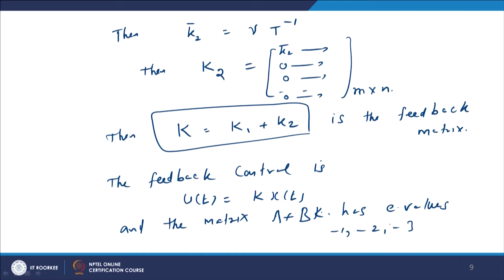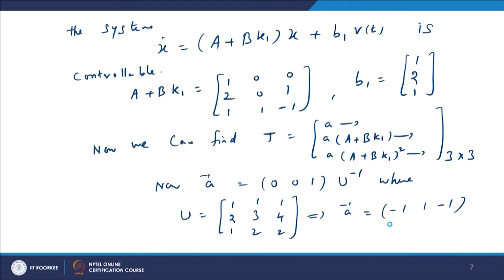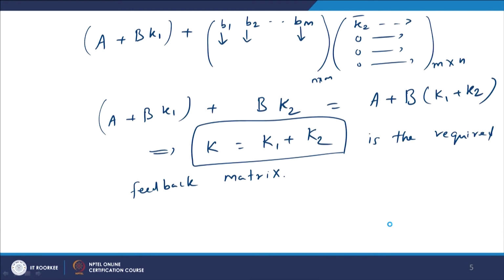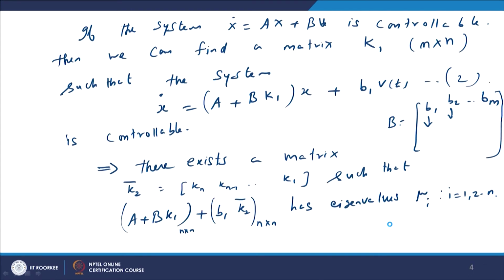So, now if you see here, the main assumption in this theorem is that the system x dot equal to A x plus B u is controllable. But in case the system is not controllable, is it possible to find a feedback control in a similar form?